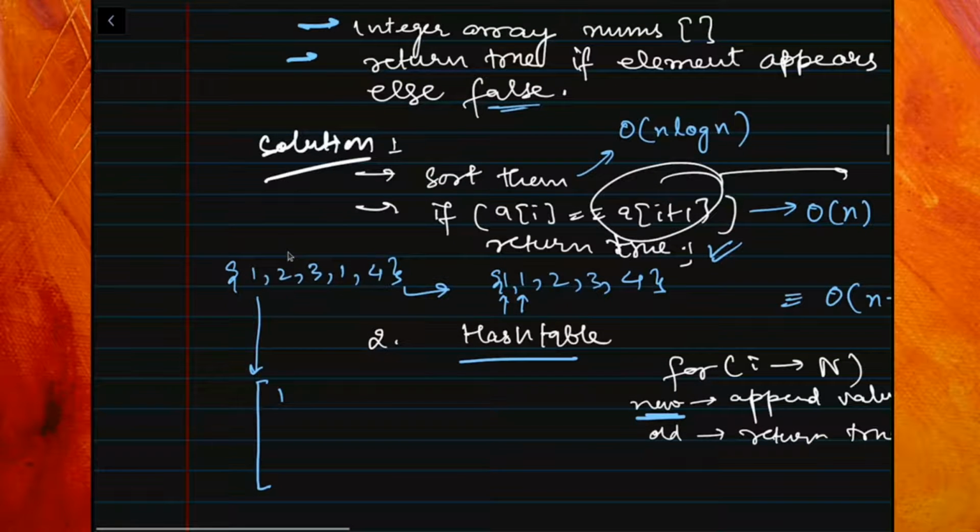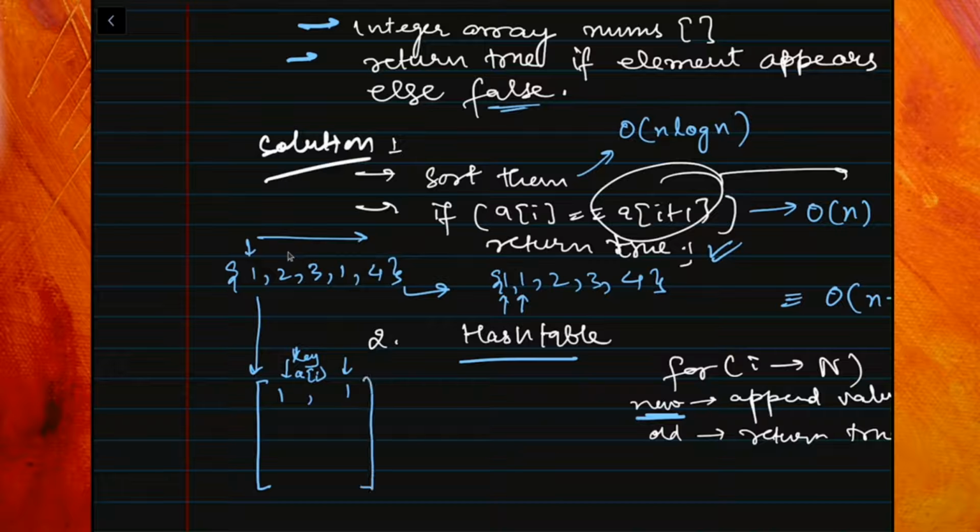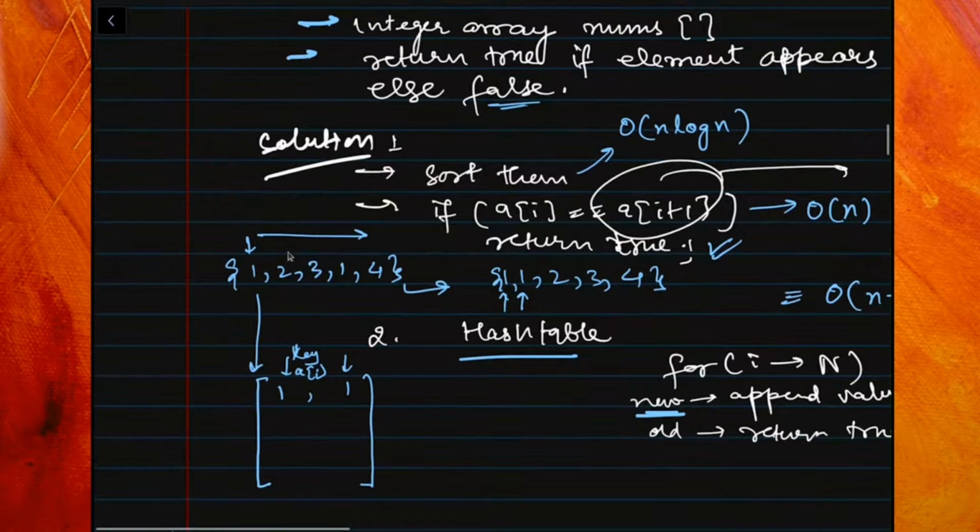We would iterate from 1 to n, with a key-value pair where the key would be the number itself, a of i, and the value would be 1 if it's present.